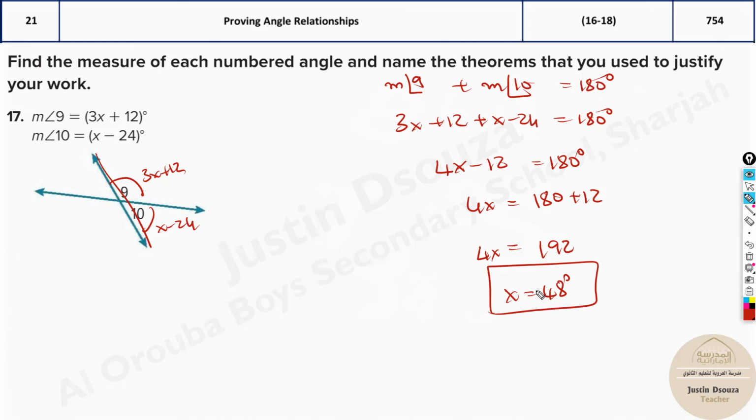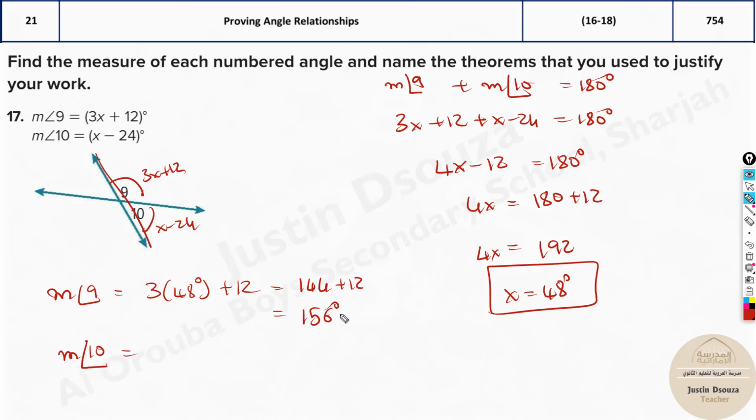See, now this is not over. We just found out the x value. Now we need to find the measure of angle 9. That is 3 times 48 degrees plus 12. So over here we will have 150 minus 6, that is 144, plus 12, that is equal to 156 degrees. The same way, what is the measure of angle 10?